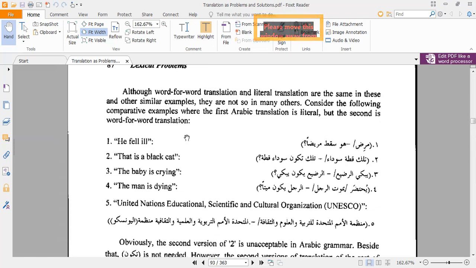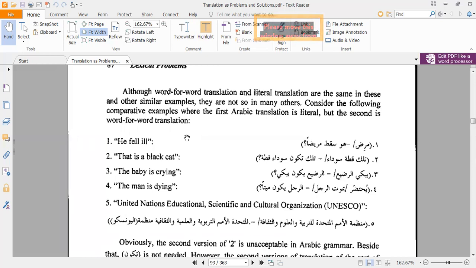Okay, some expressions like "he fell ill". We don't say سقط مريضا; of course we say مرض. Why? Because ill is an adjective in English. It has no lexical item that can denote its usage, so fell is used only for grammatical purposes to make a sentence with ill.